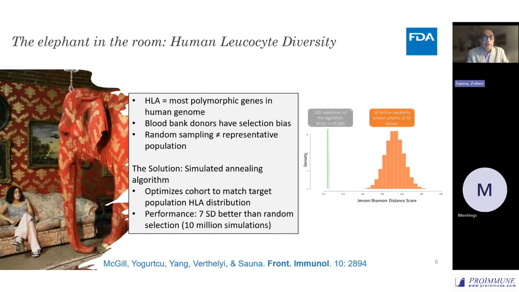Now, when we talk about immunogenicity, there is one huge elephant in the room that we always need to address, and that is the human leukocyte antigen diversity, or the HLA, or the MHC diversity. I mean, HLA is the same as MHC in humans.